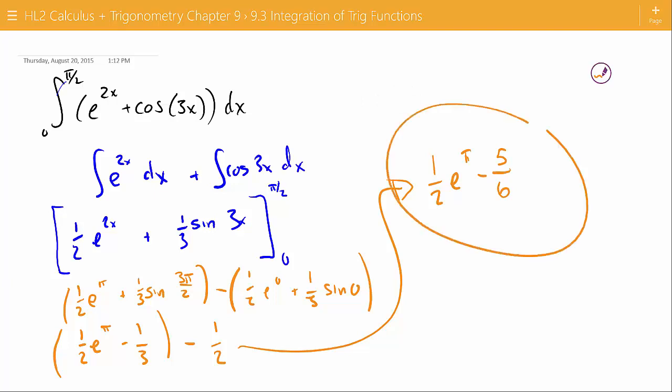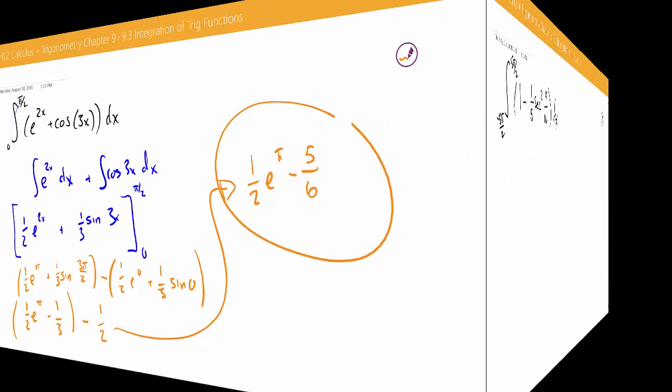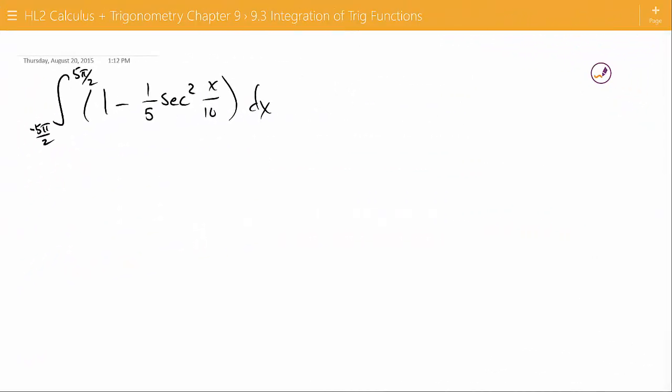There we be. So one last example to do. It's going to be another definite integral. So here we go. I hope you're ready for this. This looks terrifying. Well, actually not really. It's not that bad. So the antiderivative of the first term is just x minus, all right, this one looks kind of hairy, so I'm going to do it separately.